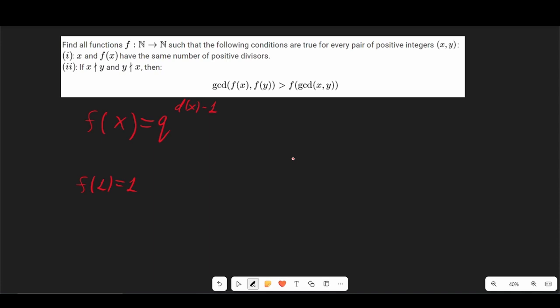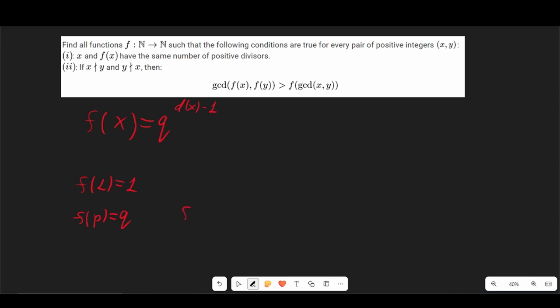So f of 1 is 1. And what can we say about f of p? F of p is some prime number q, because p has only two divisors, 1 and p itself, and q must also have two divisors, 1 and q.